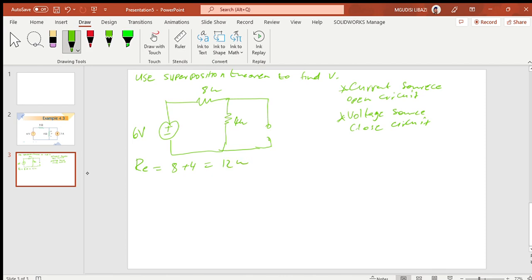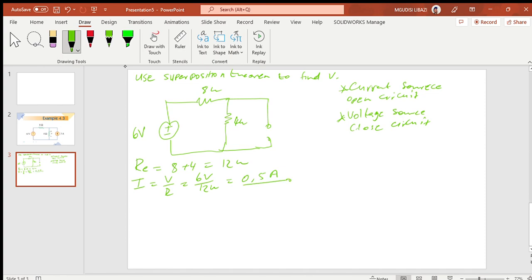Then I total is V over R, so I have my 6 volts, the total voltage, divided by 12 ohms. 6 over 12 is 1 over 2, which is 0.5 amps. So that's the total current that I get.